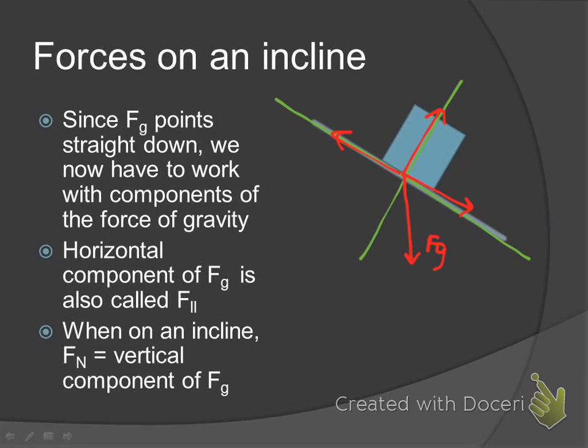Okay, and let me draw that gravity triangle out here a little bit more. Okay, here's our gravity force, and I'm going to draw the components here in yellow. Okay, the horizontal component of FG is called F parallel. That's not like F11 or something, right? Parallel. And why do you think it might be called F parallel?